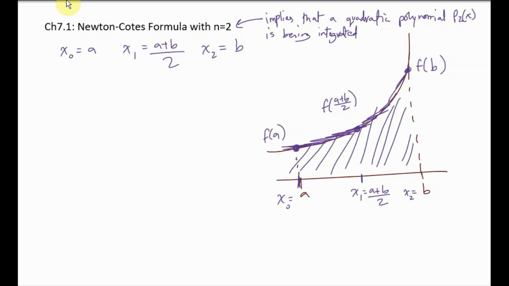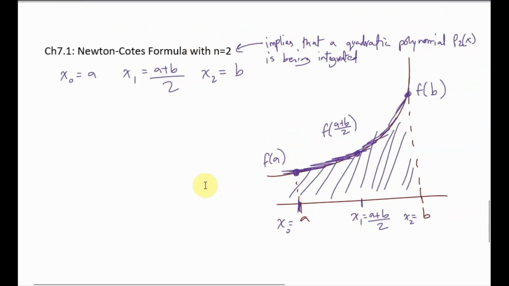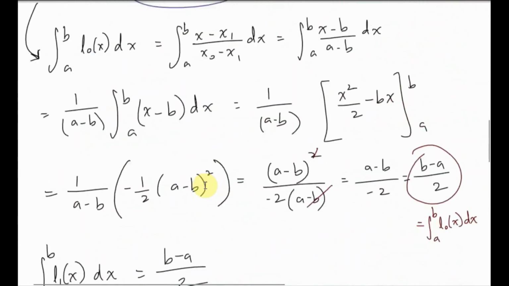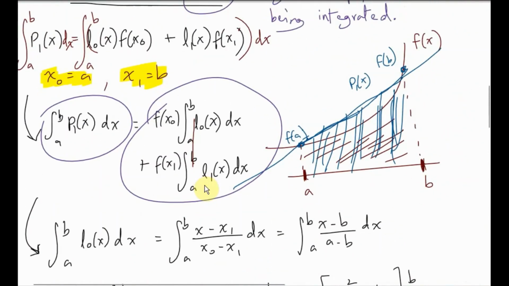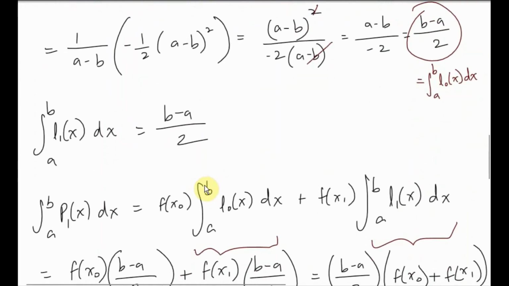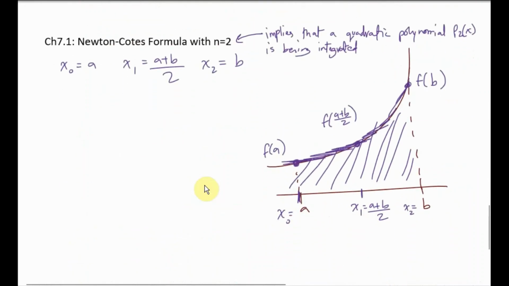At the very least, visually we can see that this is a much better approximation of the integral than with just a straight line, because with just a straight line there's a large error over here. Fine, that's all good.